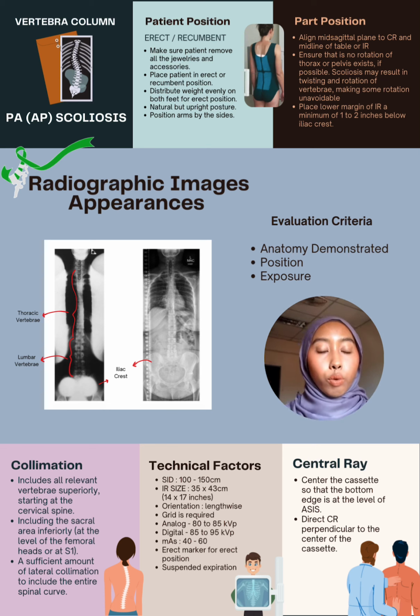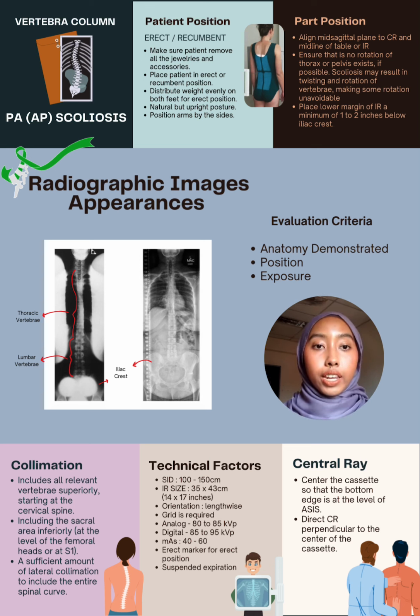Next, we can tell whether there is spatial rotation or not by looking at whether the thoracic and lumbar vertebra spinous processes are aligned with the vertebral midline, and also whether the iliac crest is symmetrical with the upper sacrum.